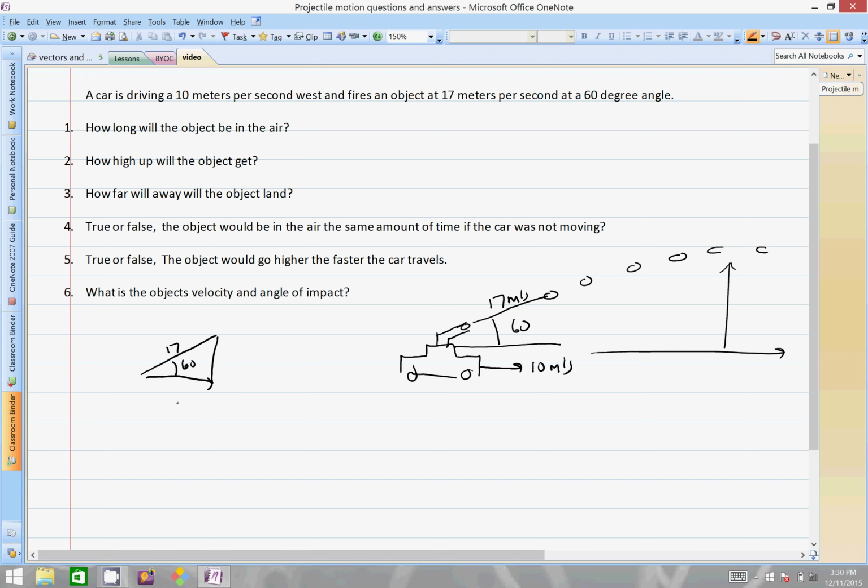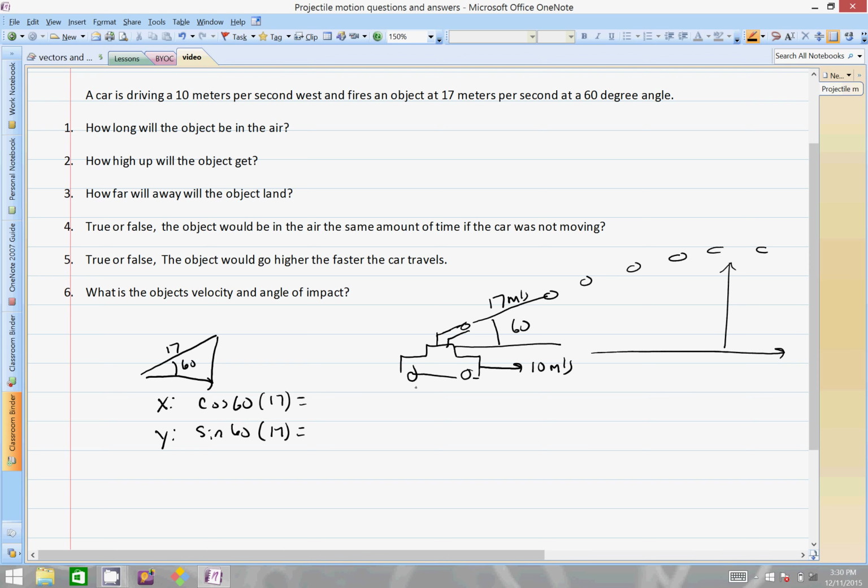My x component is the cosine of 60 degrees times 17 equals. The y component is the sine of 60 degrees times 17 equals. And of course the car itself is moving in the x direction at 10. So let's run this math through here.